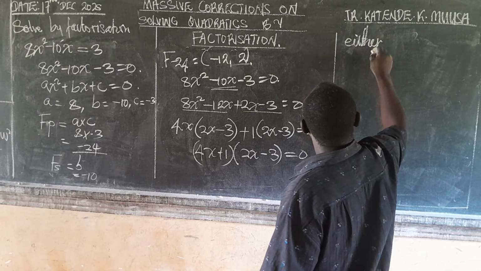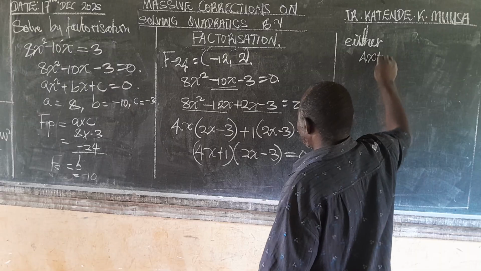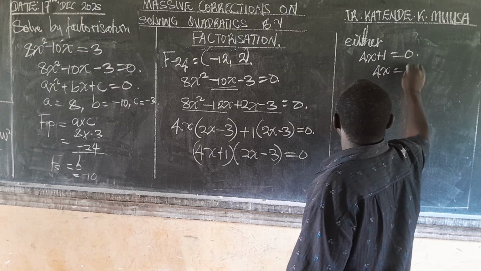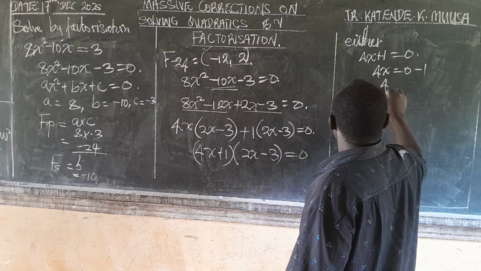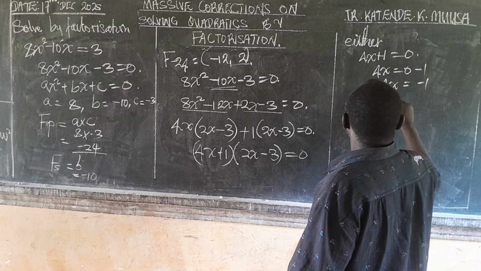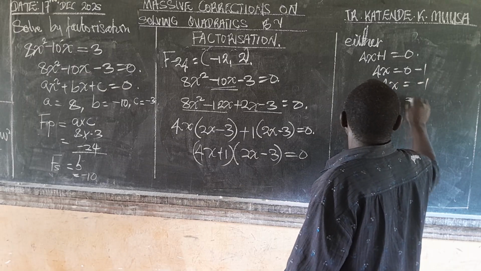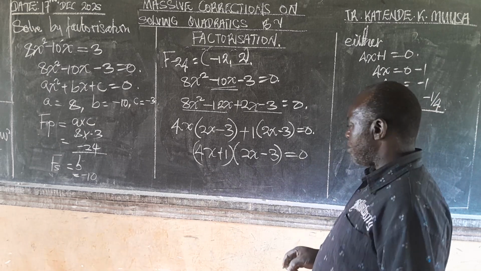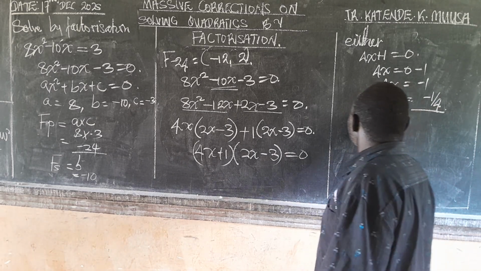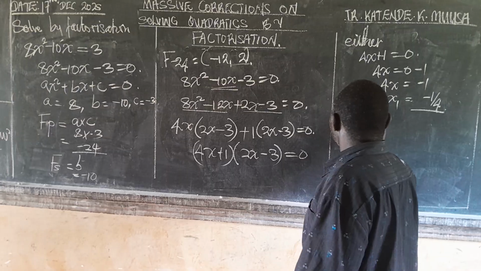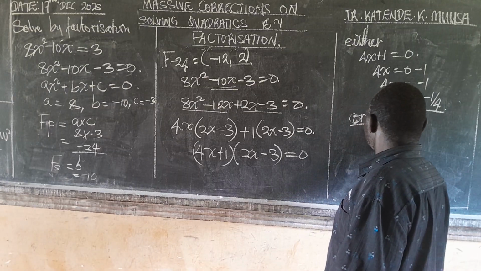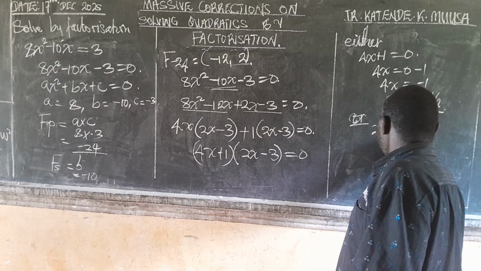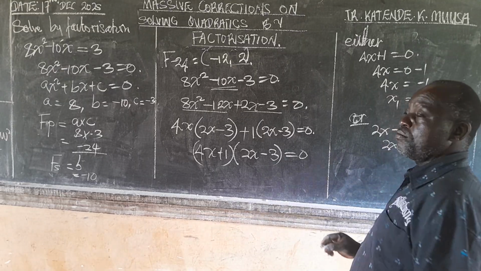either 4x plus 1 equals 0, meaning 4x equals 0 minus 1, 4x equals negative 1, x1 equals negative 1 over 4. That's the first value. Or 2x minus 3 equals 0, meaning that 2x equals 3.